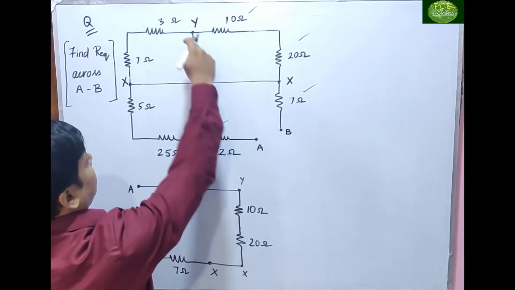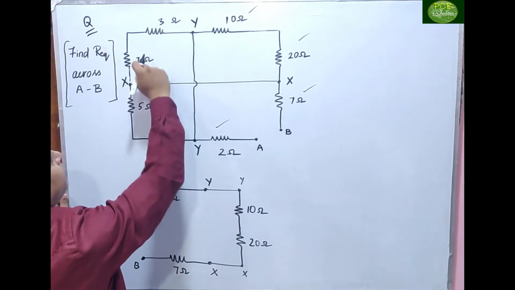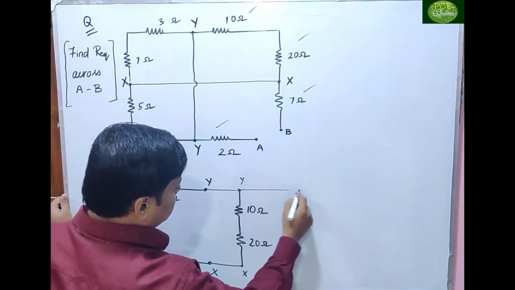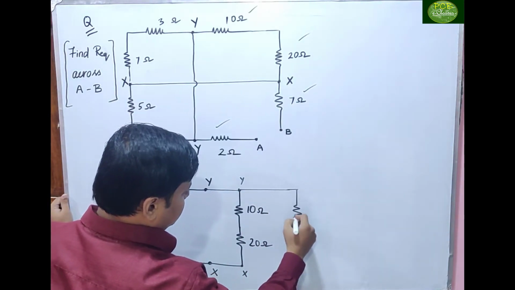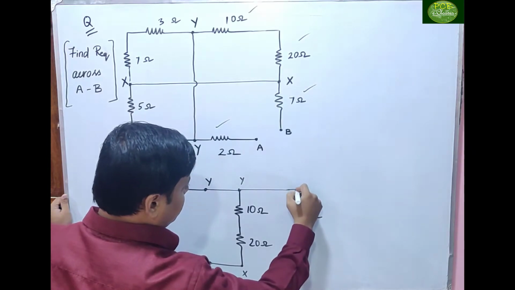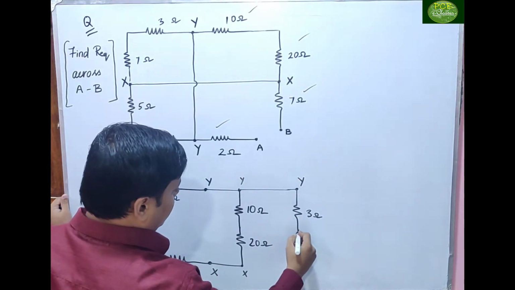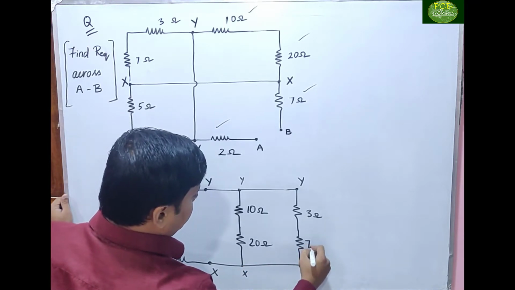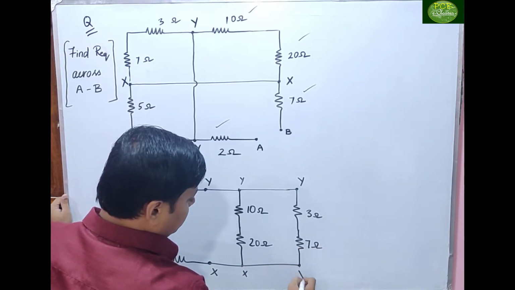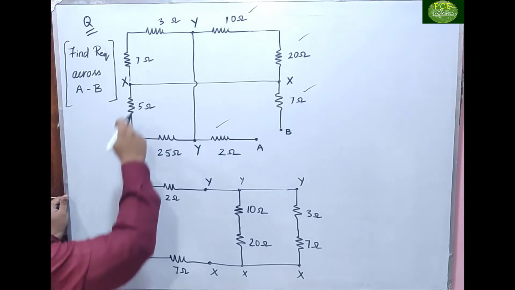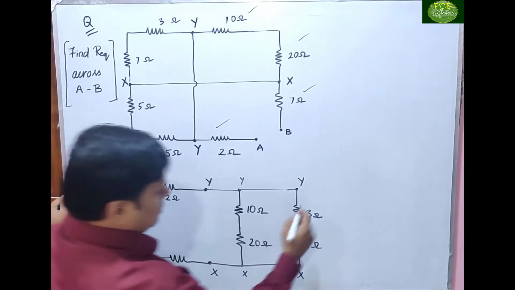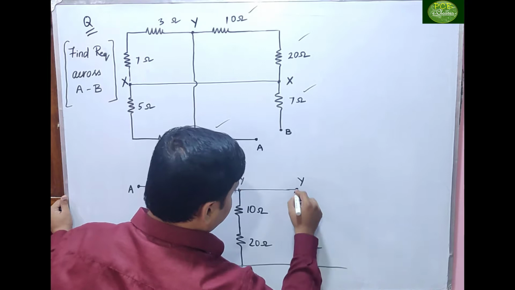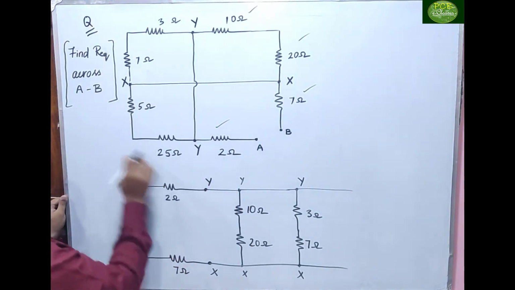Next, again Y to X, 3 ohm and 7 ohm. So Y to X, I'll take it, this is 3 ohm, this is the same point Y, and this is 7 ohm. Fine, this point can be said as X. Next, X to Y or Y to X. What is there?